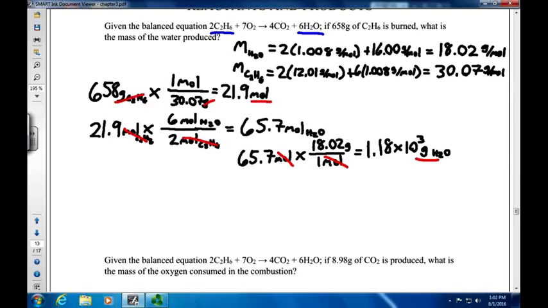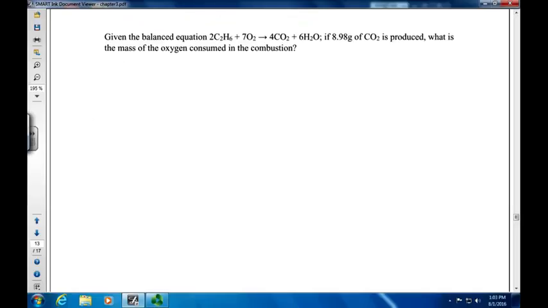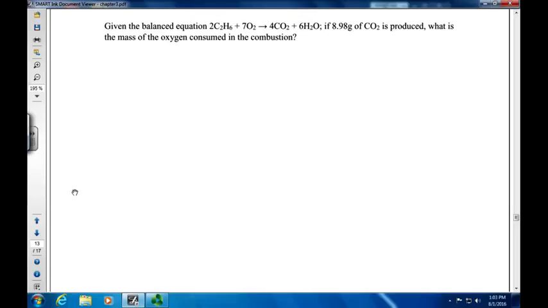Let's look at another example. Given the balanced equation of ethane plus oxygen yields CO2 and water, the same equation that we just looked at, but it says we have 8.98 grams of CO2 that is produced.